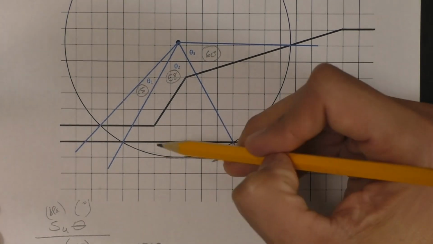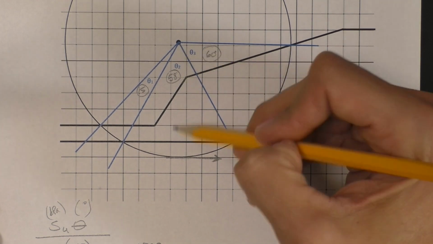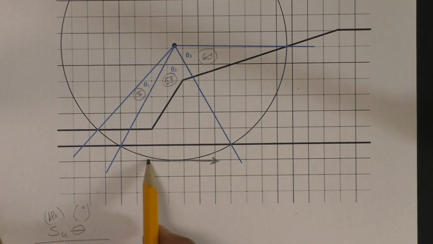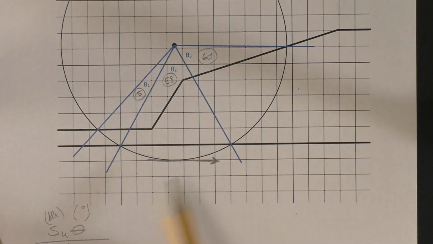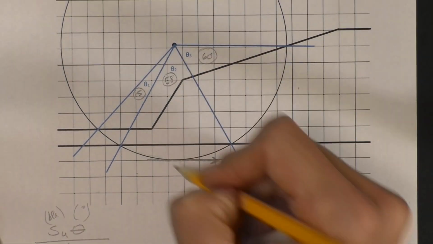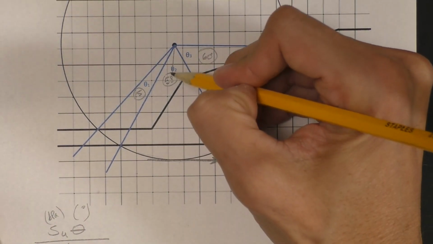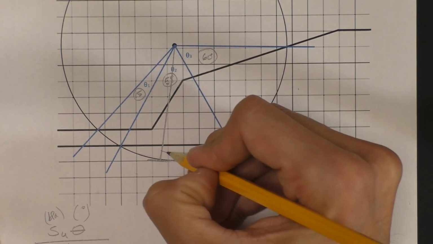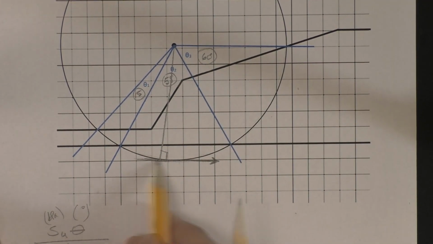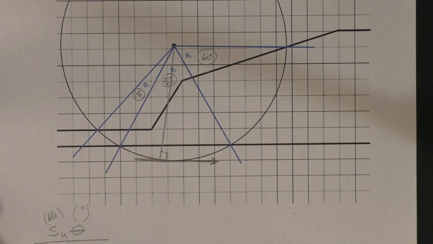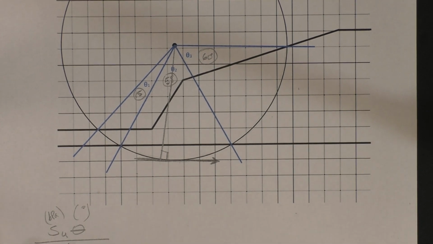And that force times the moment arm. I'm using this particular one as an example, but there would be 3 of these, right? This particular one as an example, the moment arm is normal to the arrow that denotes the force which comes from the strength component.